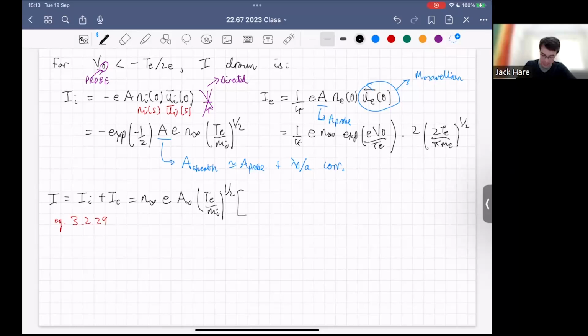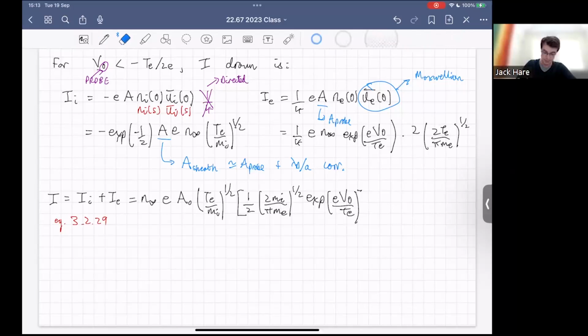And all of this is now times a component that's to do with the electrons, which is a half times 2 mi over pi me to the half, exponential eV0 over Te, minus the ion contribution, which is exponential of minus a half. So this is the electrons, and this is the ions here.